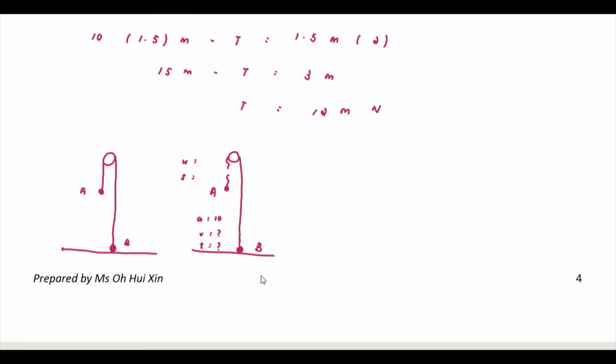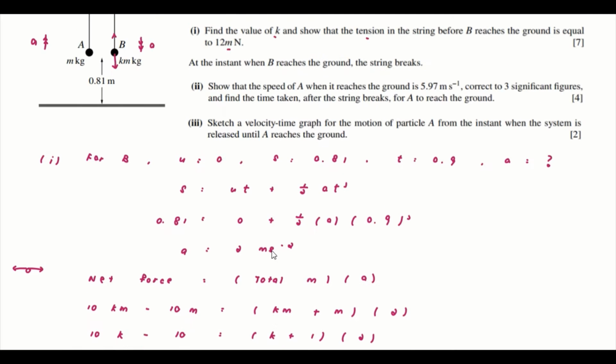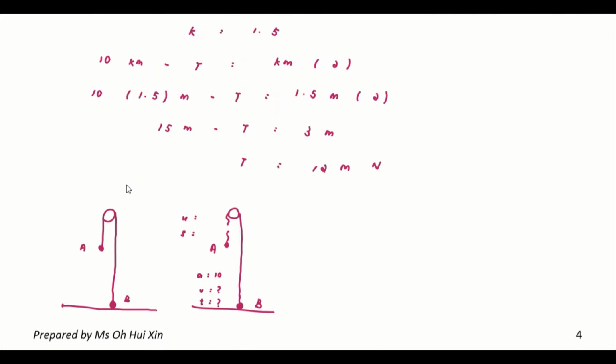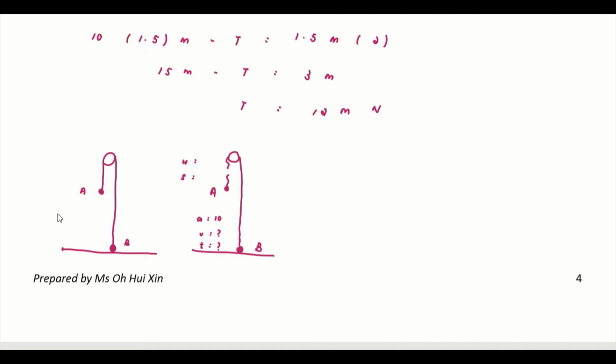Okay, so let's start with the displacement. I guess that's easier. Looking at this diagram, B is moving down and it reached the floor. Then after that, A is actually moving up, so it reached here, right? In this diagram, I note that this is basically my initial stage.